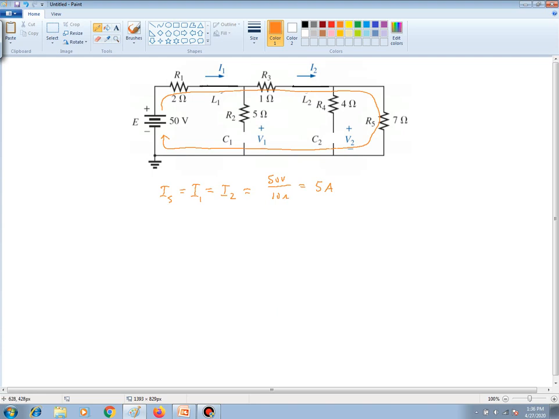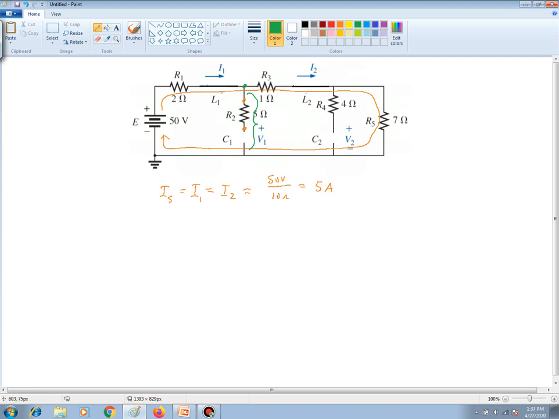Next, let's concentrate on solving for V1 and V2. Since current is not flowing through R2, we do not have a voltage drop across R2. That means that the voltage here at this point is the same as the voltage at this point. So therefore, in a sense, V1 is the voltage from here to there.